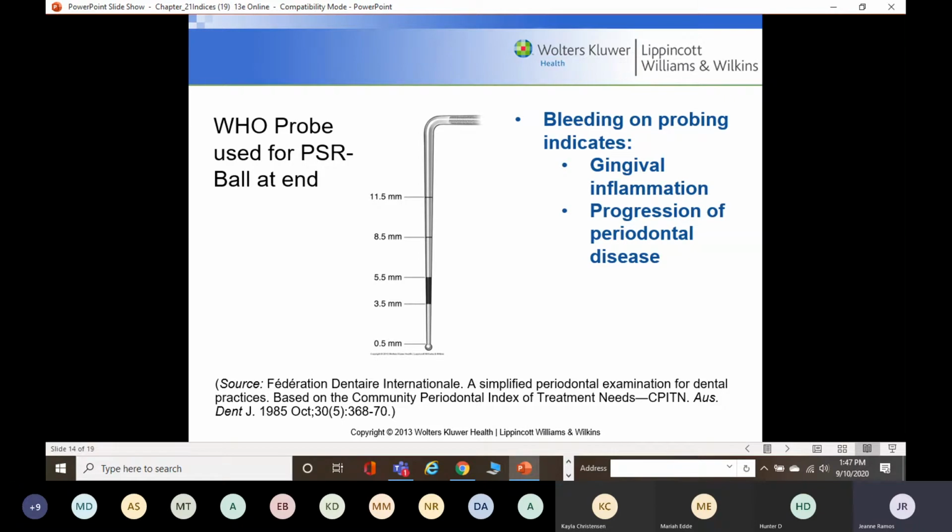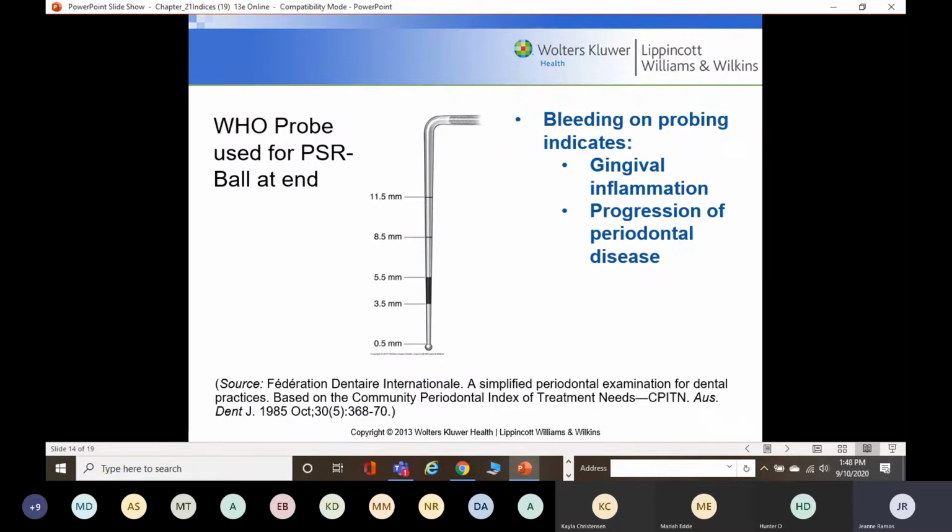These are generally used for a particular bleeding index called the PSR, and they do their bleeding indexes a little differently. They use a special probe. Bleeding on probing indicates usually that there's gingival inflammation and progression of perio disease.